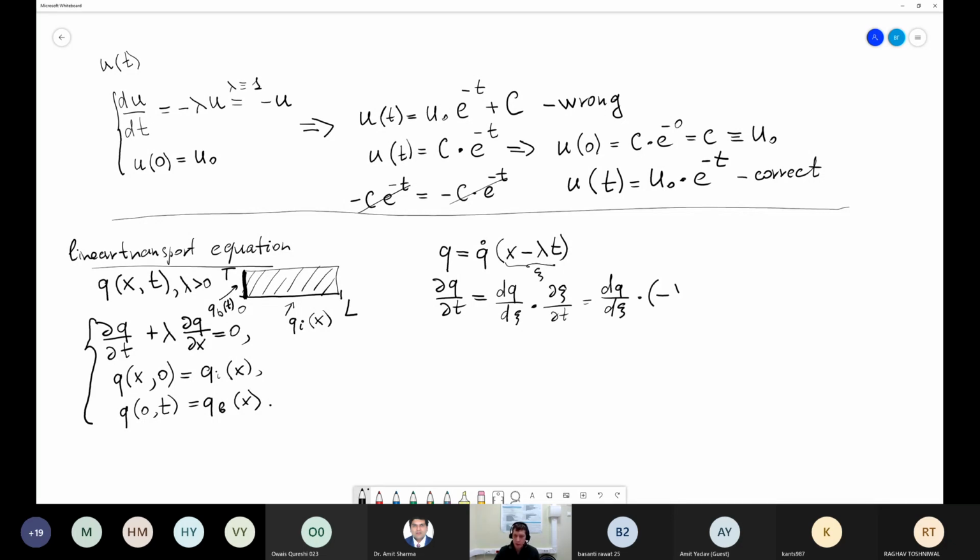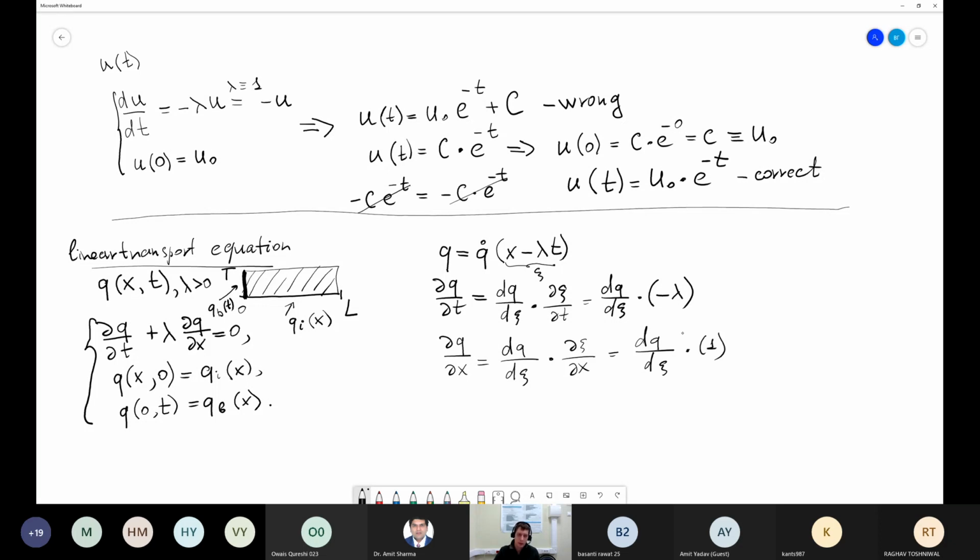And lambda dq over dx is equal to dq over dx multiplied by dx over dx, the first derivative of q multiplied by 1.